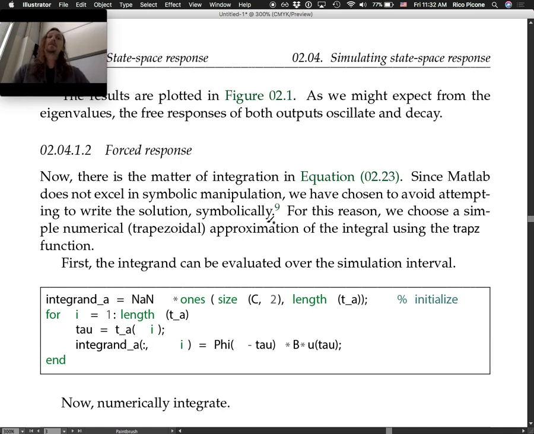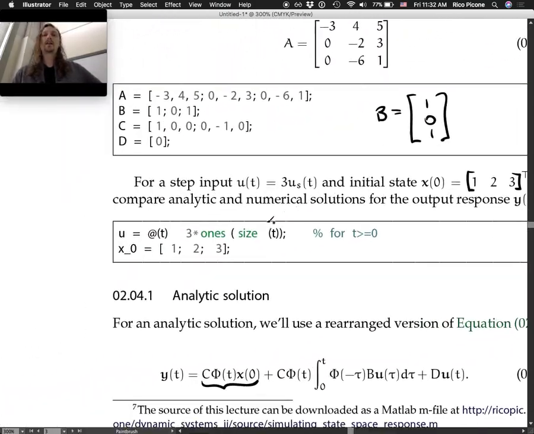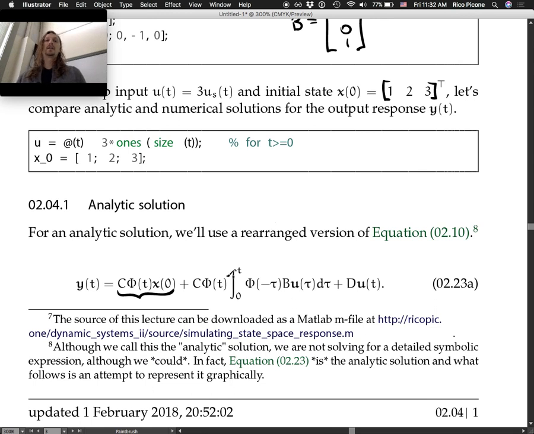It's the forced response. Now, there is the matter of integration in equation 223. So to find the forced response, way back here, our analytic solution has this part that's all the forced response.